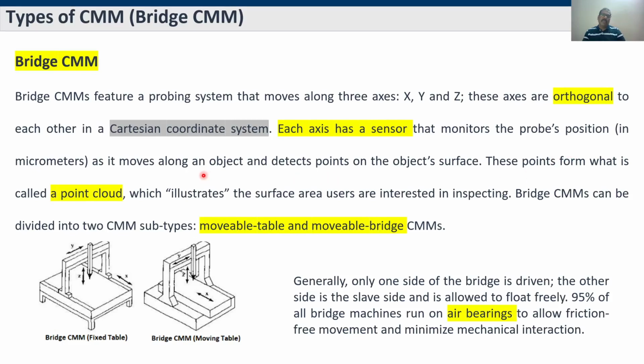as it moves along the object and detects the points on the object surface. For example, if you keep an object over here, like an engine block, the engine block will have some height, length, and width, and different features.